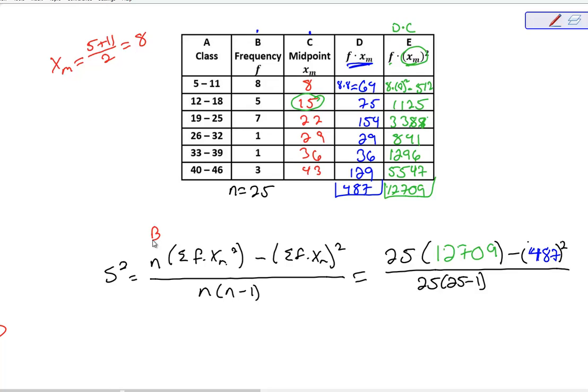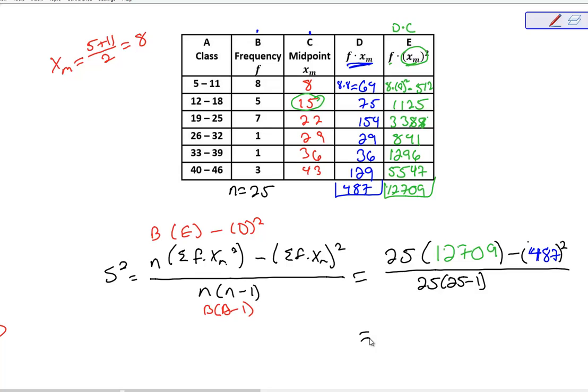That's column B times column E minus column D squared over column B, B minus 1. Kind of helps me whenever I'm looking at the different columns a little bit. Okay? May confuse you some, I'm not sure. If you need help on this, please let me know.